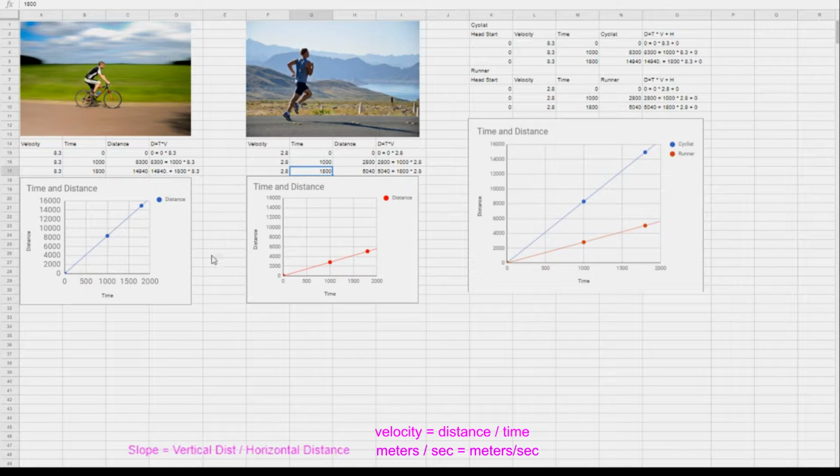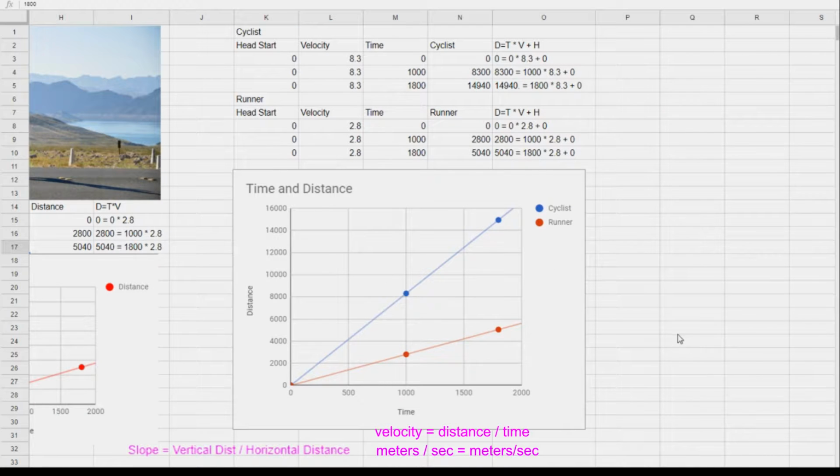And the reason for that is that bicycles obviously travel at a higher velocity than runners do. In this case, the velocity of the bicycle is 8.3 meters per second. The velocity of the runner is 2.8 meters per second.